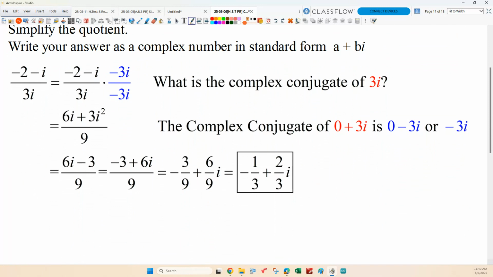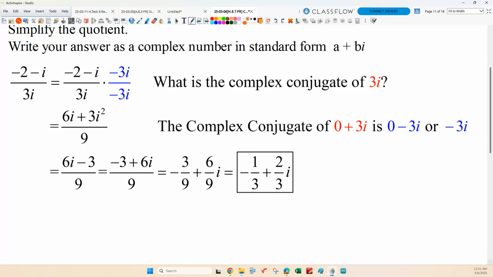So the conjugate of that, the complex conjugate of that is 0 minus 3i, which is negative 3i. So technically, I'd be multiplying by negative 3i over negative 3i. But if I do that, look what happens. I end up getting a 9 on the bottom, and on the top I get negative 3 plus 6i. And so then I've got to split those fractions and reduce each fraction.